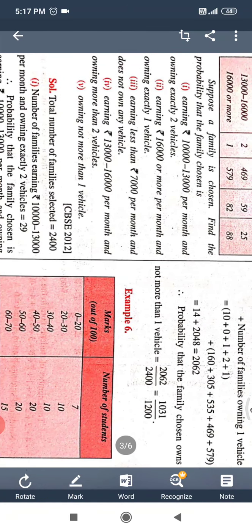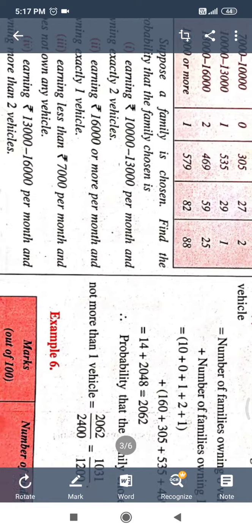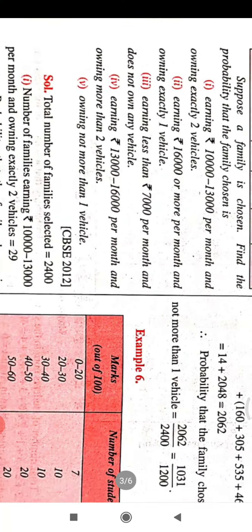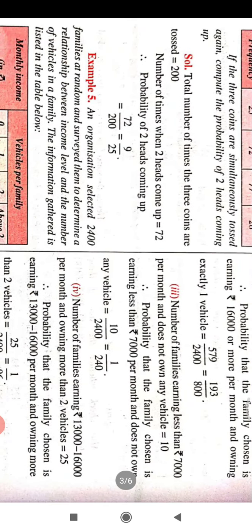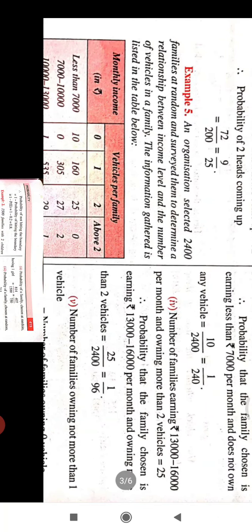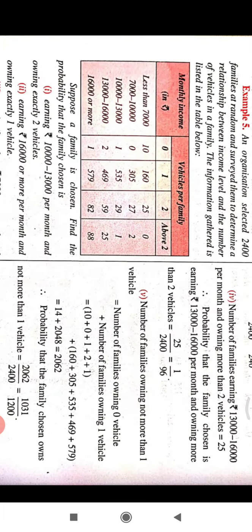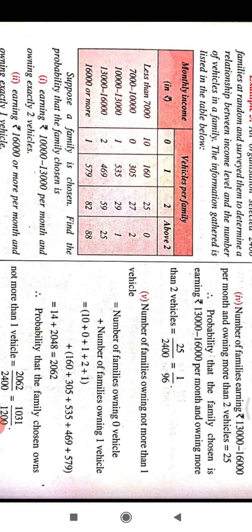Now it will be as it is, it will not cut now. 29 upon 2400, because even and odd combination will not be cut. So for the second number, the probability that the family chosen is earning 16,000 or more per month and owning exactly one vehicle, we can see in the table, exactly one vehicle, earning 16,000 and more, there is the number 579.